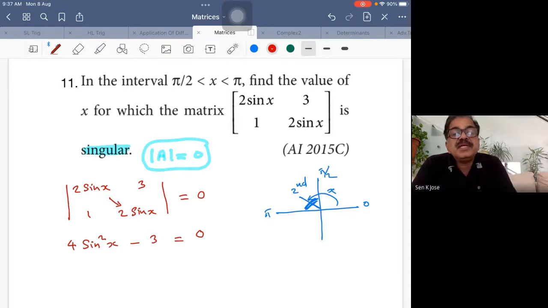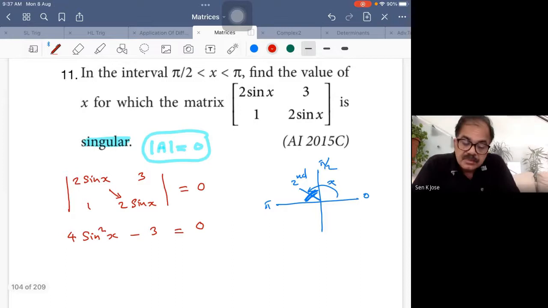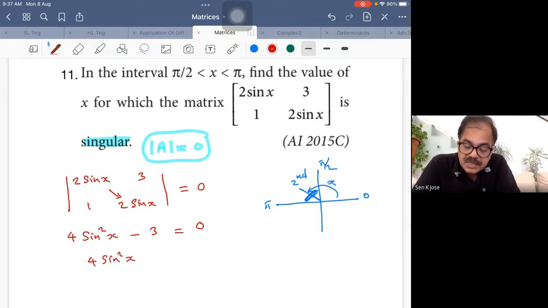I evaluated the determinant and its value is 0, we know, because it is singular. So I solve for sin square x. 4 sin square x is equal to 3. Therefore, sin square x is equal to 3 by 4. Therefore, sin x is equal to plus or minus root 3 by 2.